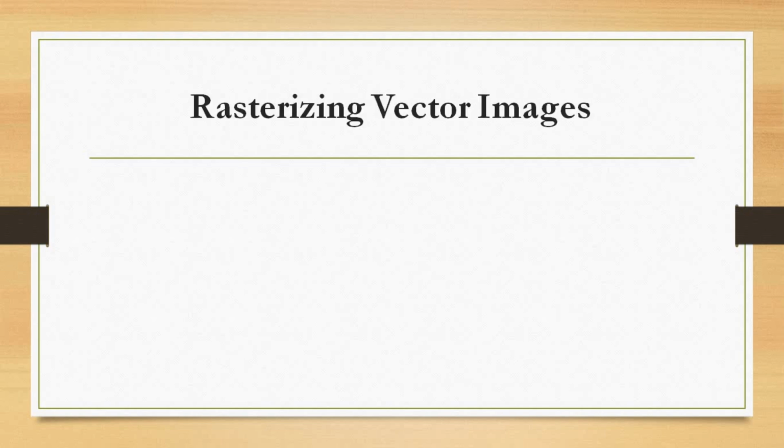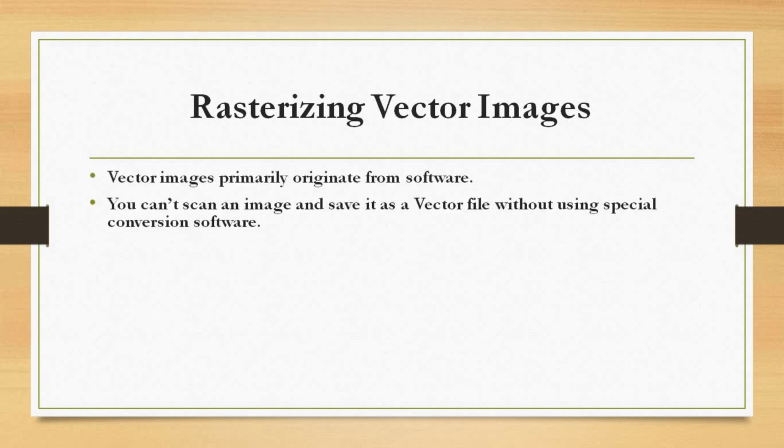Next, let's see what rasterizing is. Vector images are created with the help of software, that is, primarily they originate from software. Whenever you scan an image, it will be a bitmap file, and to convert it into a vector file you cannot do it without special conversion software.